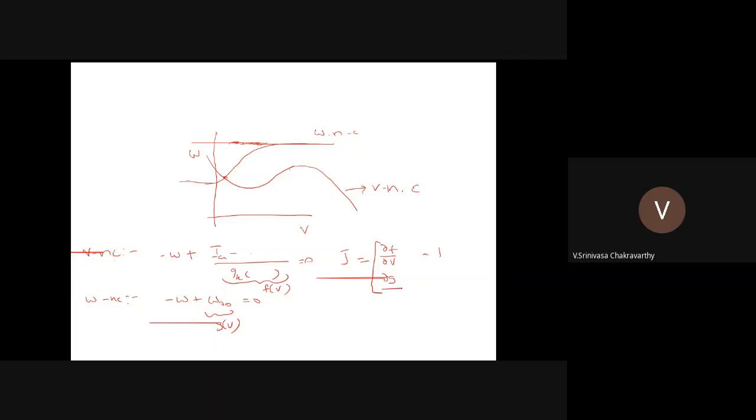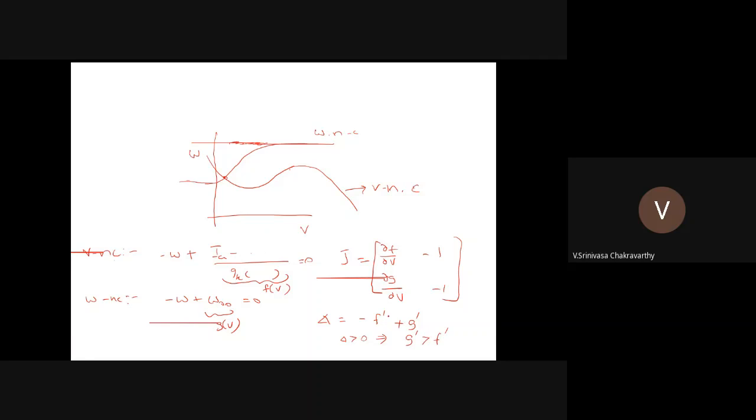Similarly, dou G by dou V, and this is -1. So if you look at these expressions, now calculate delta, which will be minus F prime plus G prime. Okay, and so delta greater than 0 means G prime is greater than F prime.